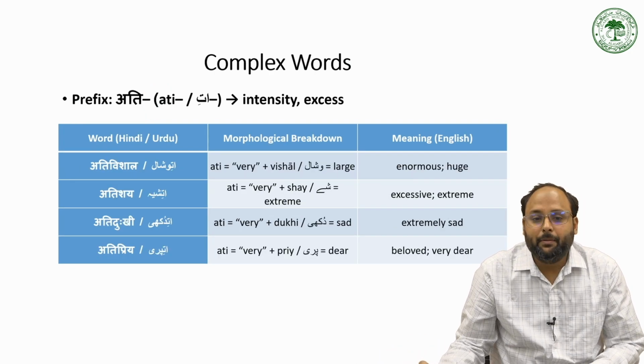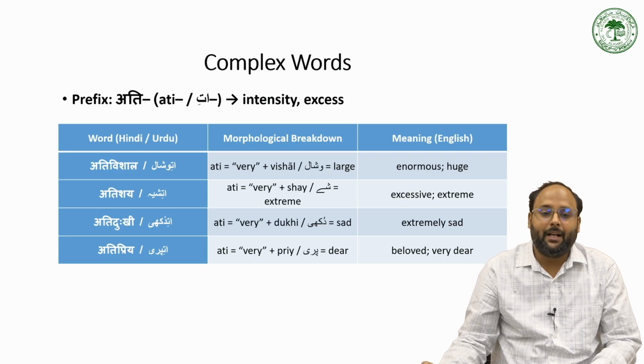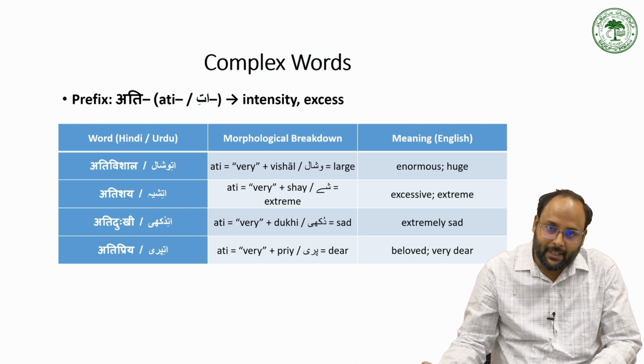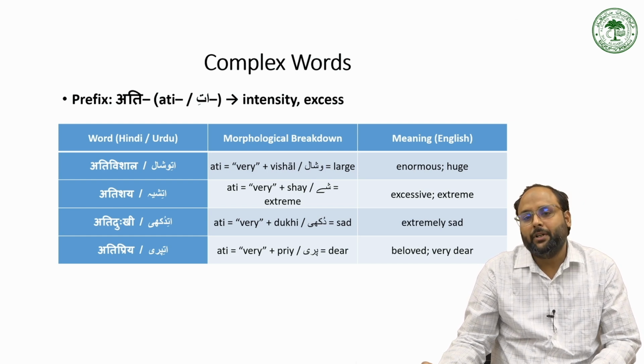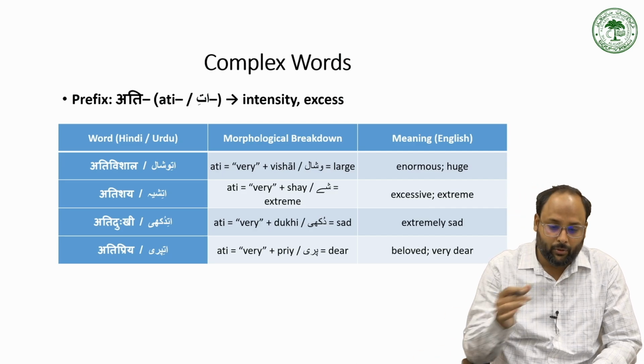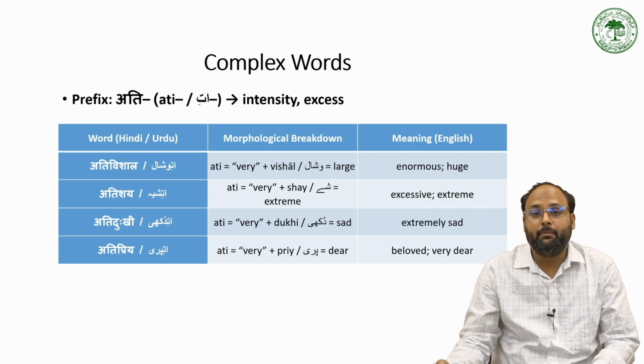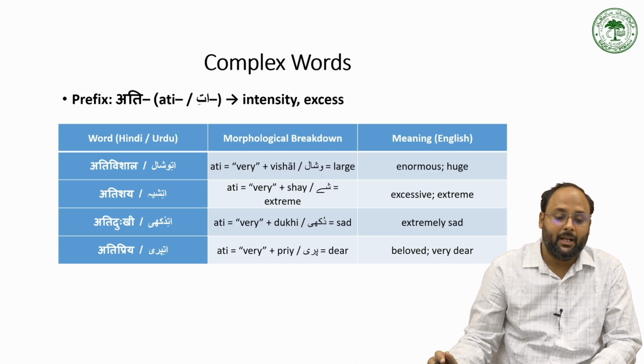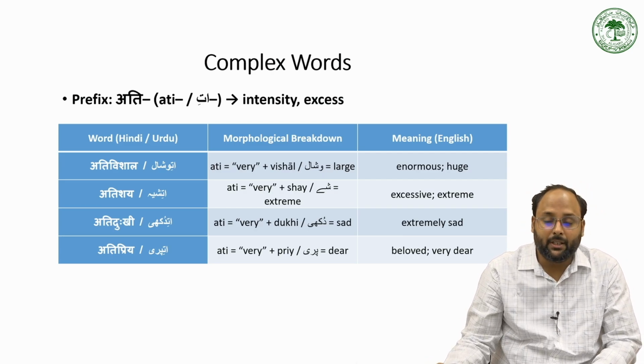And another prefix in Hindi we have is ati. With the word ati, they give the meaning of intensity and excess. If you add the prefix ati to a word, it does not give the meaning of negation; it gives the meaning of intensity or excess. We have the examples of ati: ati vishal, ati shay, ati dukhi, ati priye.